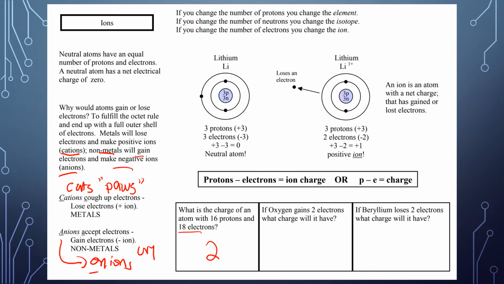If oxygen gains 2 electrons, so it means 2 more negative things in its life, it is 2 negative. Beryllium will lose electrons, so that means it loses 2 negative things, so it's going to be 2 positive. So oxygen gains 2 electrons, so it's 2 minus. Beryllium loses 2 electrons, so it's 2 plus.